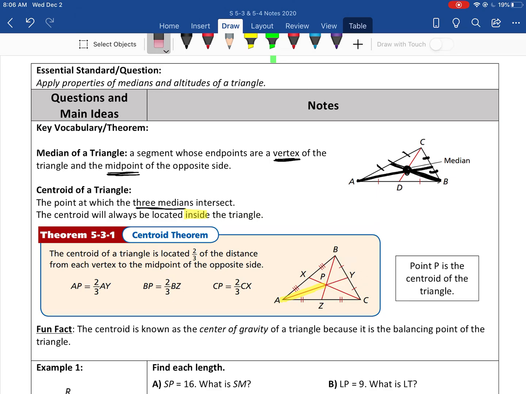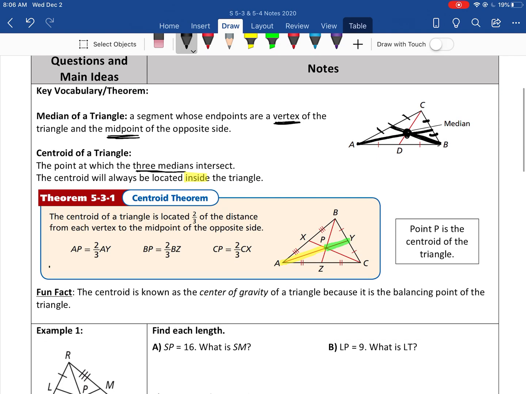Okay, your long piece is going to be in yellow. Your short piece I have here in green. Okay, so your long piece is equal to 2 times the short piece.